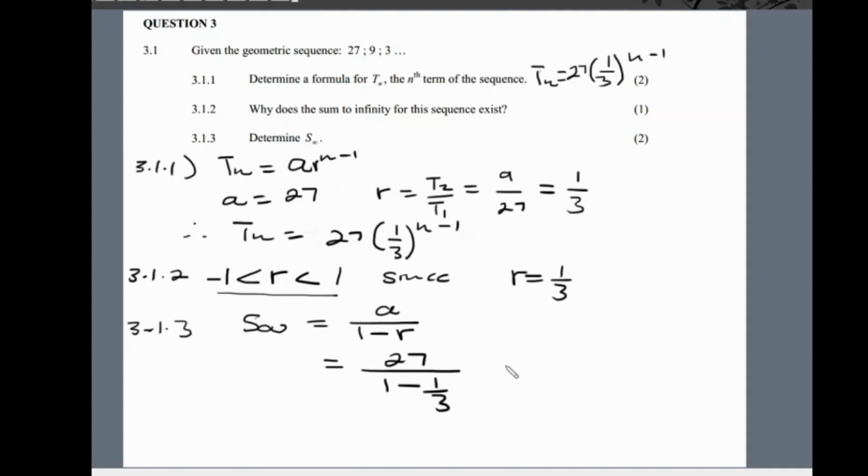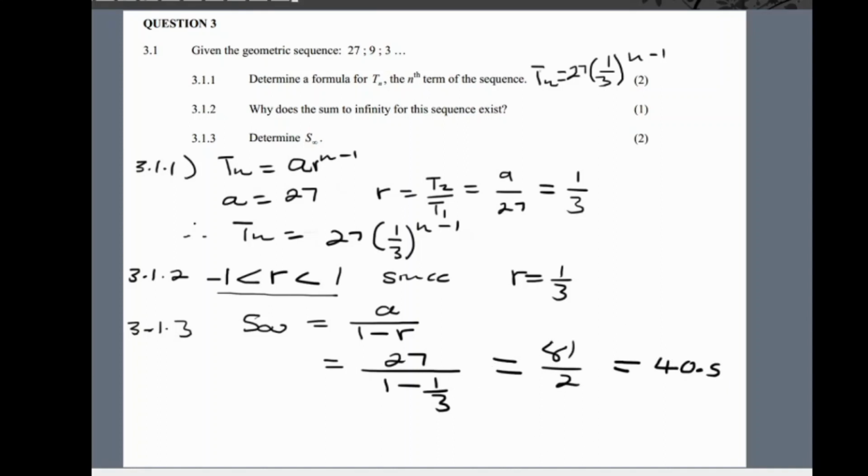Punching this in your calculator, you get 27 divided by 1 minus 1 over 3 is equal to 81 over 2, which is equal to 40.5. That is the sum to infinity.